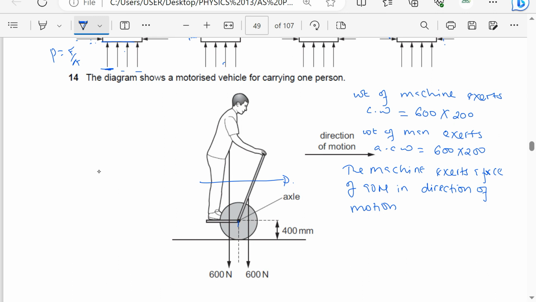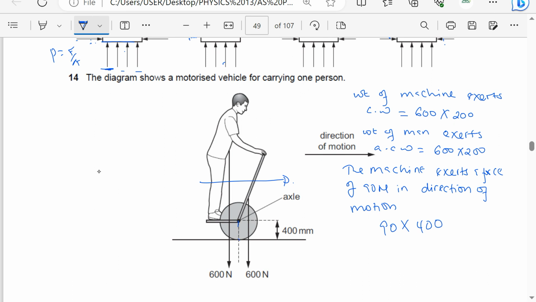So the machine exerts a force of 90 newtons in the direction of motion. This should provide a moment of 90 times the perpendicular distance. What was that perpendicular distance? That is 400.